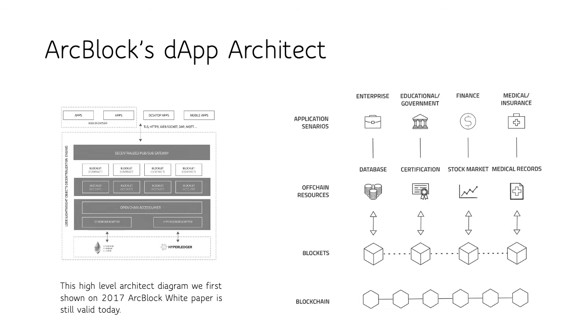Our architecture is very flexible. You can use one ABT node to run many blocklets. That is to say, you only need one ABT node, and you can host multiple different dApps in that one node. Or you can use many ABT nodes to run one kind of blocklet, if your application needs a lot of CPU, a lot of storage, and has a lot of users. Those all depend on how you use them.